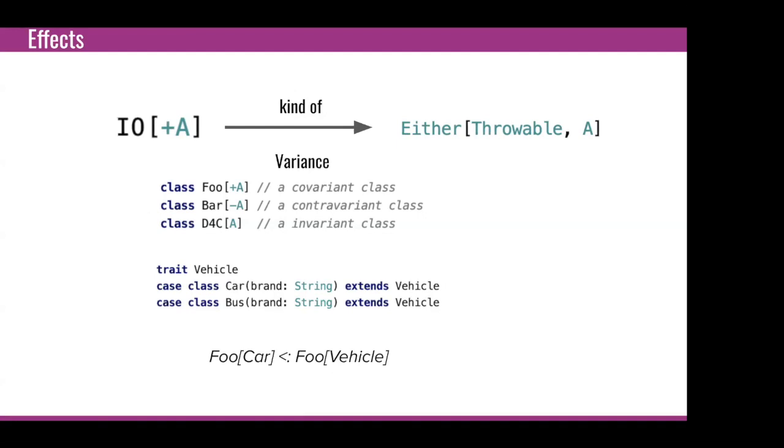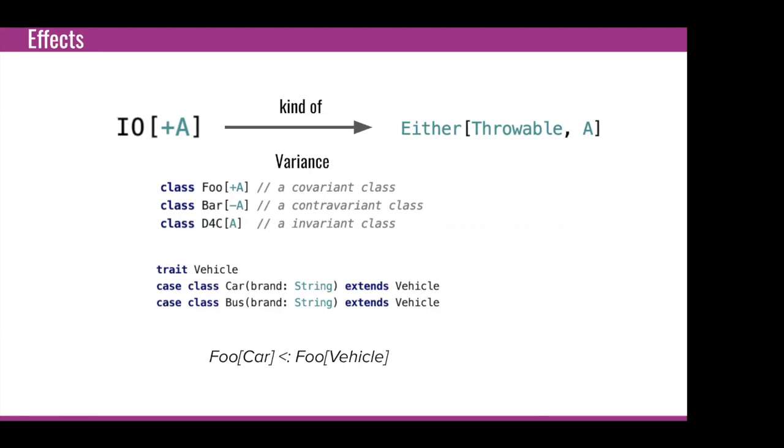So knowing this and the fact that Car is a subtype of Vehicle, we could say that Foo[Car] is a subtype of Foo[Vehicle], because Foo is a covariant class. We couldn't say the same about Differ C, because Differ C[Car] isn't related to Differ C[Vehicle], again because this is an invariant class.